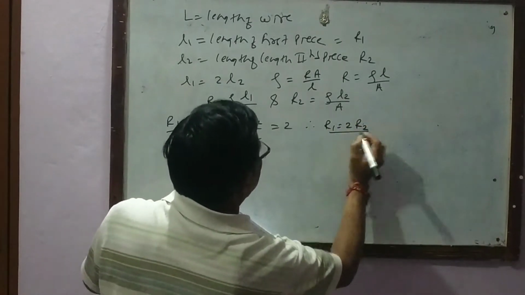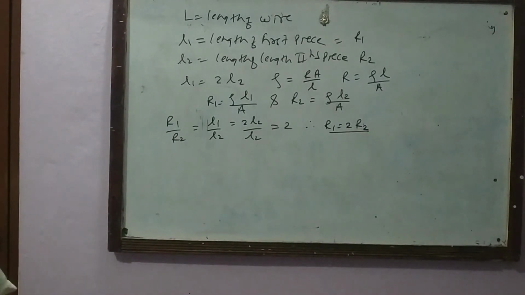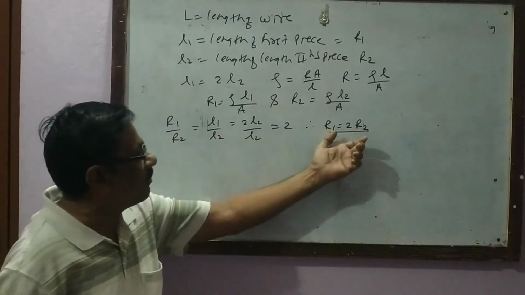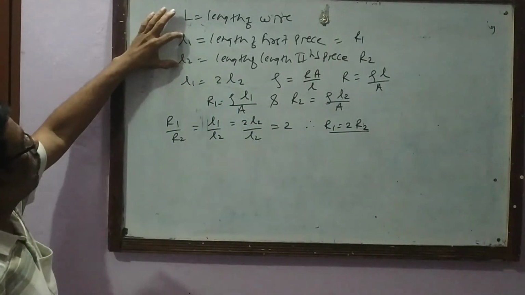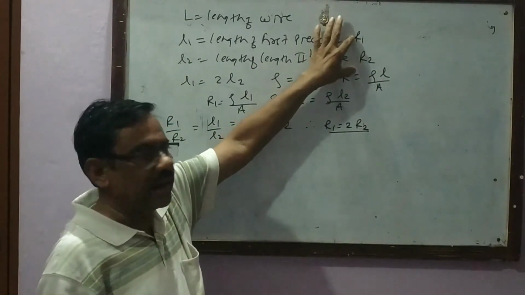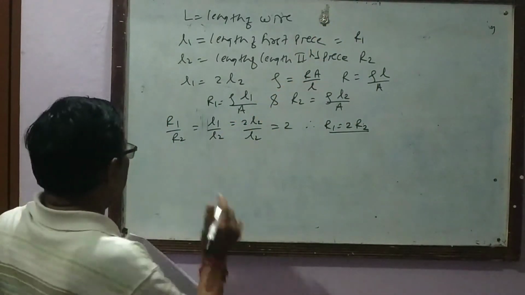This is one of the important conditions here: R1 is equal to 2 times R2. Now these two wires, having resistances R1 and R2, are connected in parallel in the left gap like this.